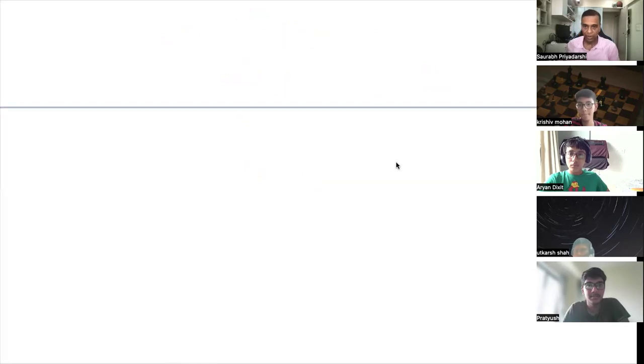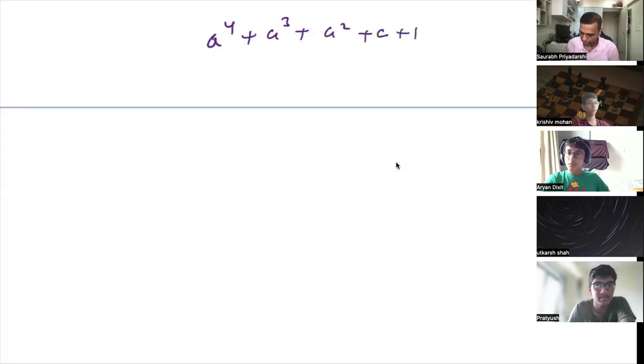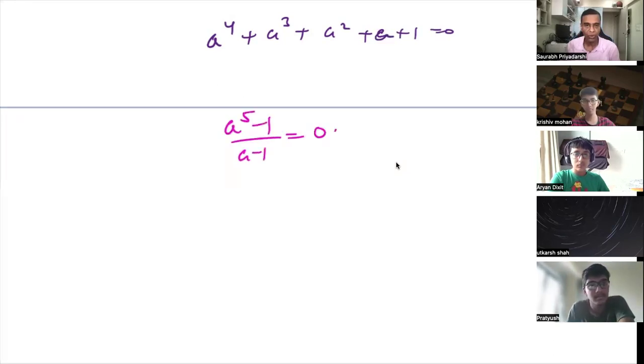Sum of the GP. The original equation was a to the power 4 plus a cube plus a square plus a plus 1 is equal to 0. From this only, you are applying the GP formula. Now you are saying a to the power 5 minus 1 upon a minus 1 is equal to 0, which means you are multiplying and dividing by a minus 1.